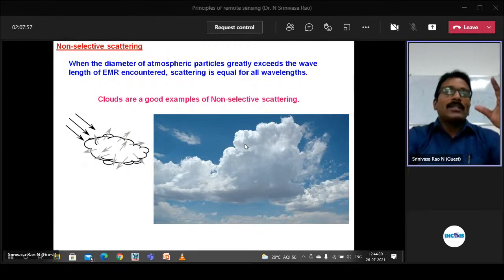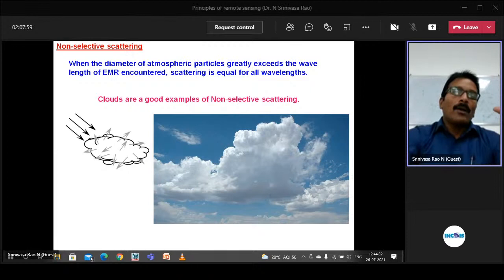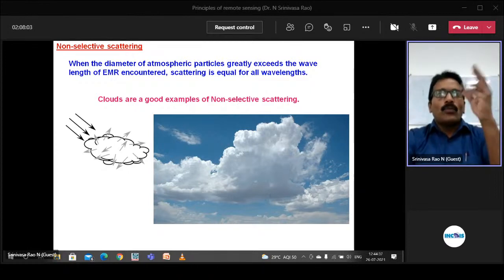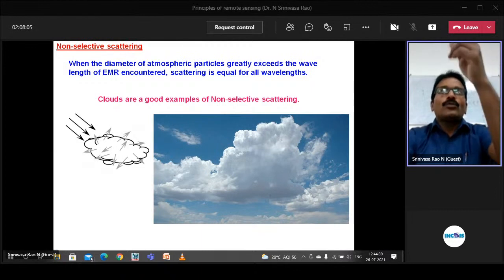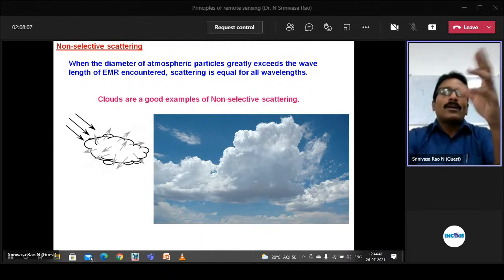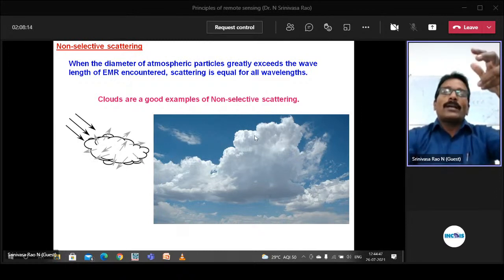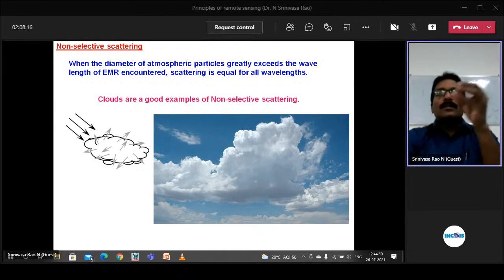But sometimes we see the clouds in a dark color. Just imagine, just before rain, the clouds look dark. Why? If it is white, the water vapor is in crystal form. But just before raining, the ice crystals convert into water.